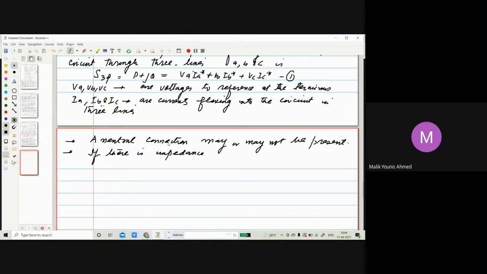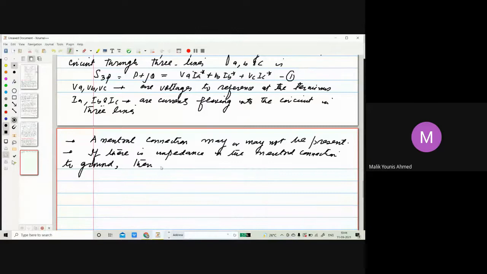But let's say neutral is present, and there is impedance in the neutral connection, just as we did in the case to ground before this lecture.